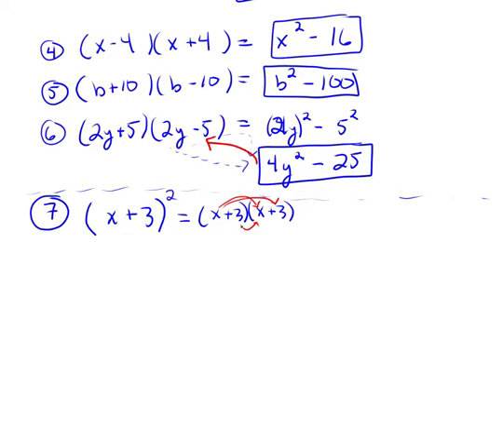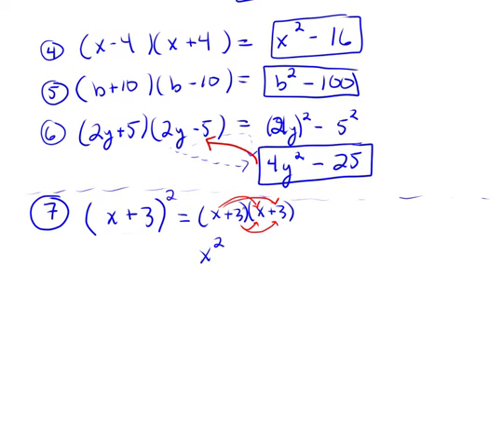I look at it: there's an x squared and a 3 squared, so that pattern follows the same as that x squared and a 9. Now you would think that the middle term zeroes out, but it can't because there's a plus and a plus. So it's a little different, but it follows something very similar. That's why it's a special case.